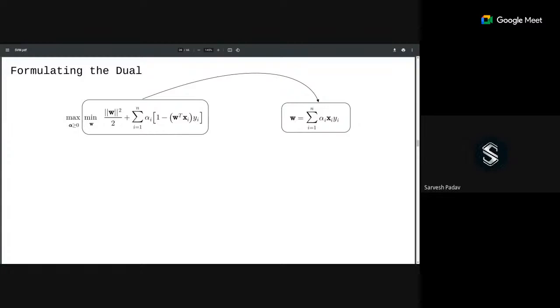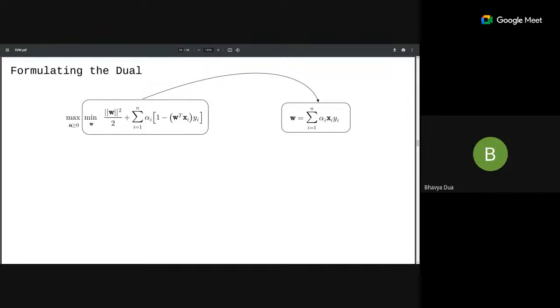So do you remember something called the representer theorem that was mentioned in week 9? In week 9, while discussing logistic regression, Sir mentions that your W can be written as a linear combination of the data points, even for logistic regression.